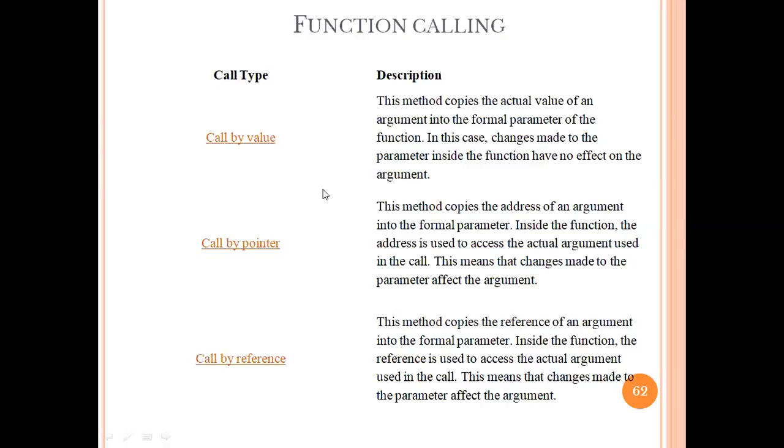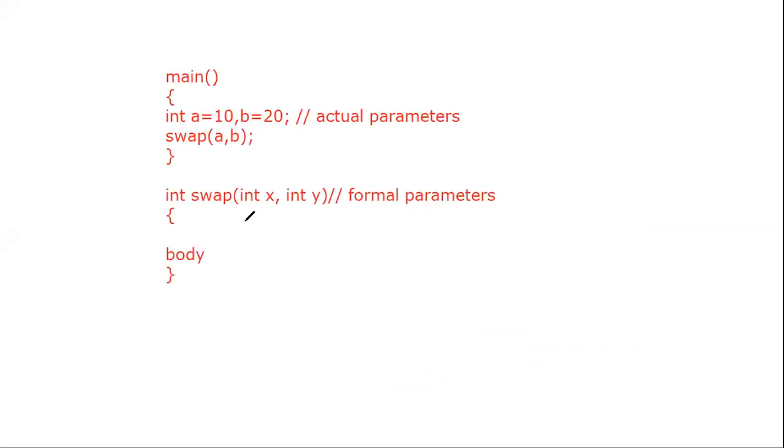Whatever change occurs inside this function with respect to the formal parameters does not affect the actual parameters. That's why after calling this function, in the example I showed yesterday, the values of a and b are both the same, because we are focused directly on the values, not on the reference or the address.